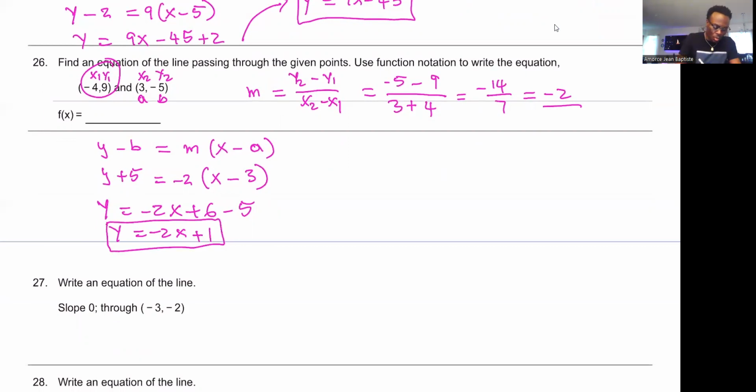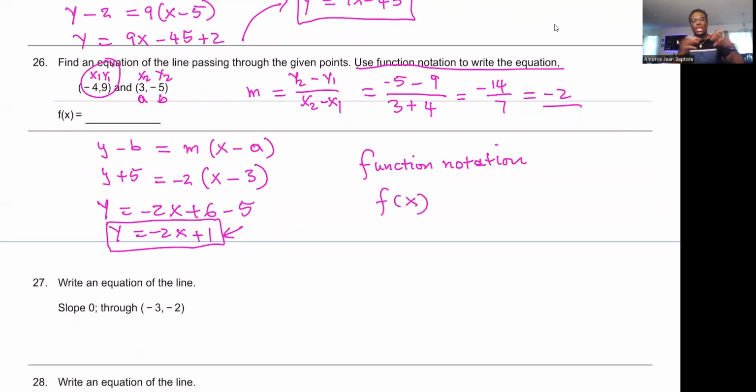And then they said you should give your answer in function notation. If they say function notation and you give me y, you only get partial points. I will not give you full credit. Your answer in function notation is f of x, or h of x, or c of x, or anything of x, equals -2x plus 1.